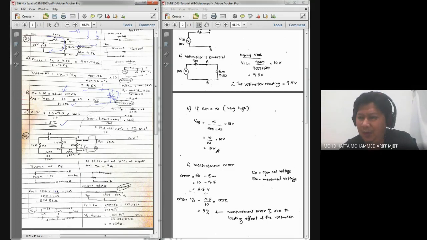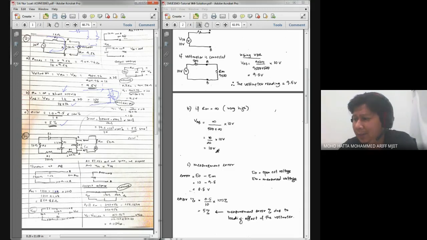But looking at the correct way, if you get a correct question, I mean the precise element that we want to ask, the correct value of error should be in a percentage form.